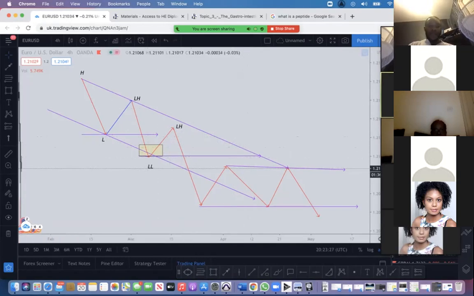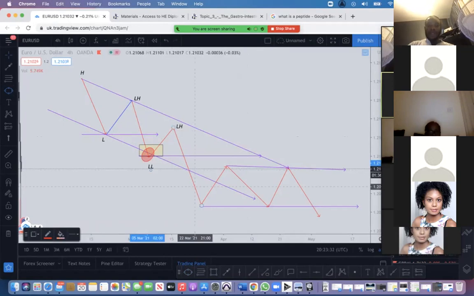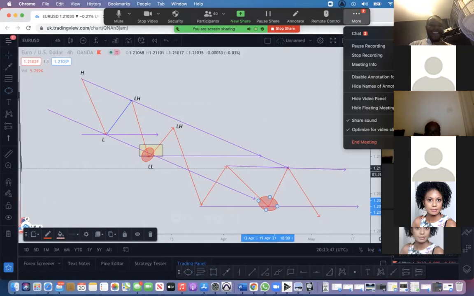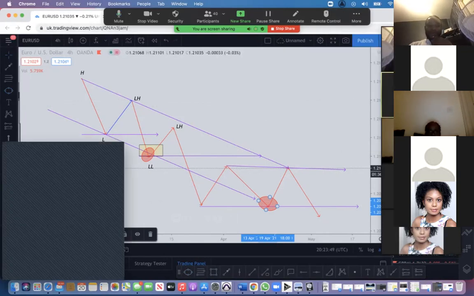The touch over here and the touch over here. What is common between them? This area and this area. What is common between them? Anybody in the chat box, please? I love it when these things happen.